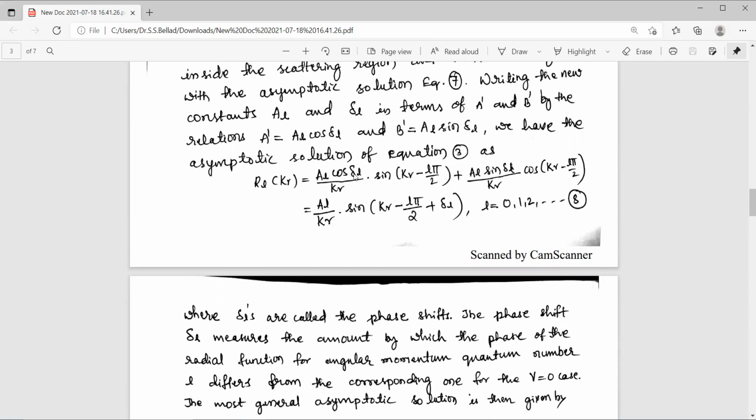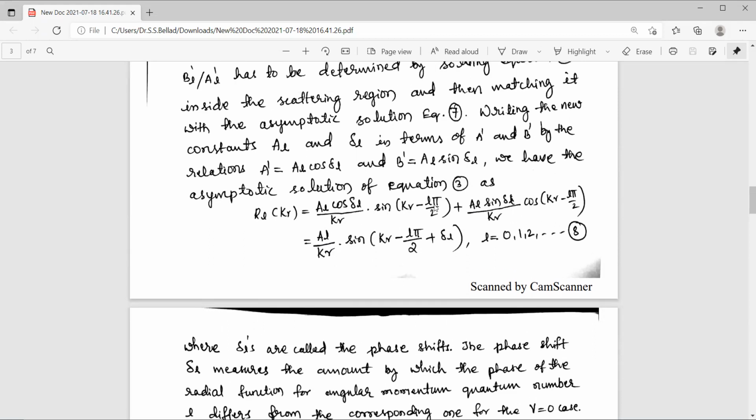So this is sin A cos B plus cos A sin B, which is equal to sin of A plus B. So that form we obtained here, and therefore this equation reduces to the form A_L by KR into sin of (KR minus L pi by 2 plus delta_L). Treating KR minus L pi by 2 as A and delta_L as B, I took the form of sin of (A plus B), and as usual, L takes the values 0, 1, 2, and so on.